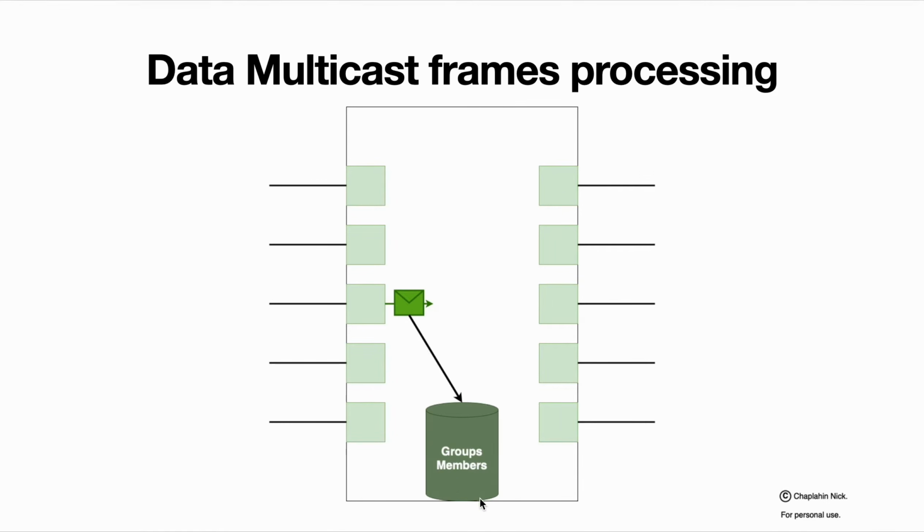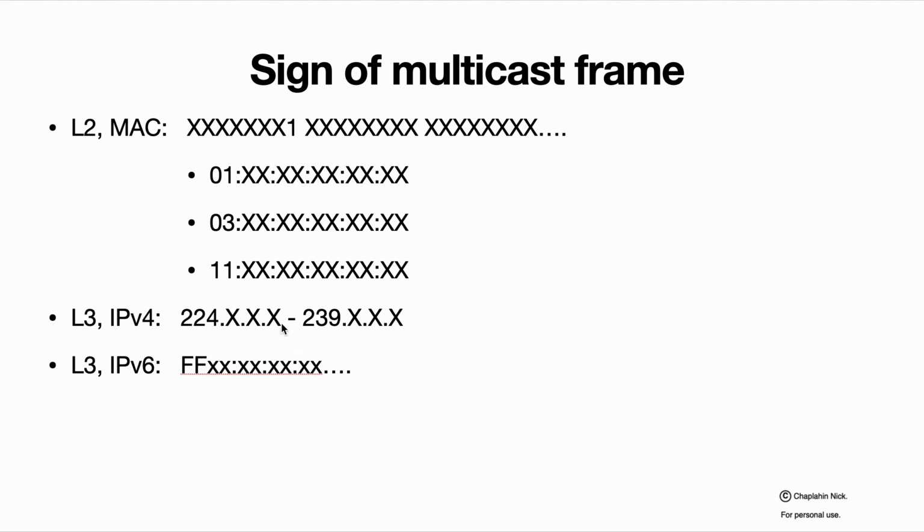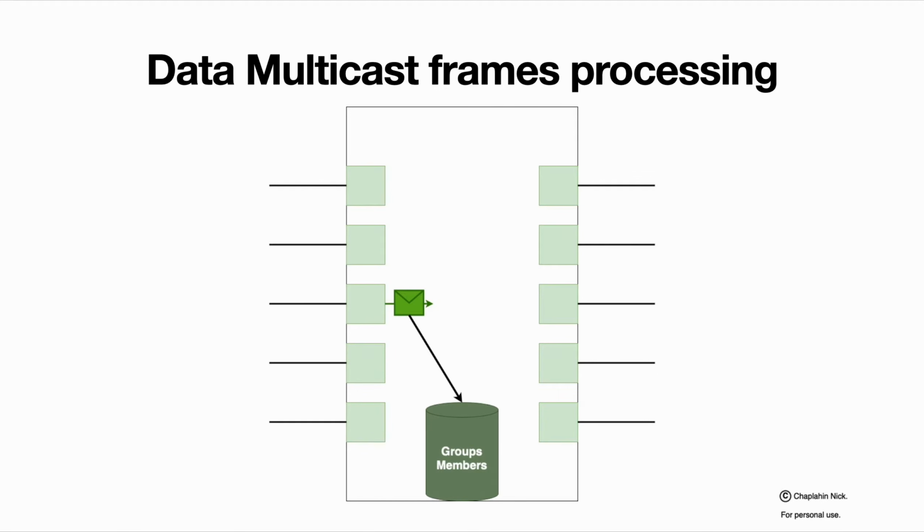We have a table of group membership where we note all the members of the specific group, identified by IP or MAC, and for this group we know behind which interfaces on our system there are receivers that wish to receive multicast traffic identified by this group ID.